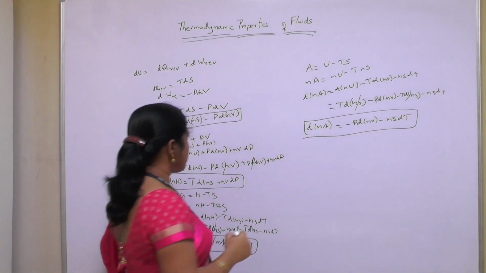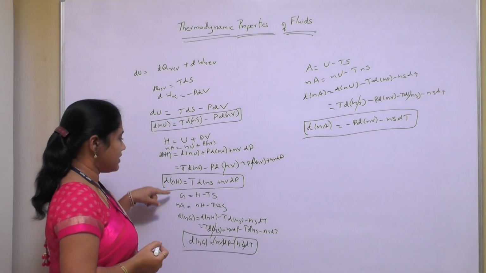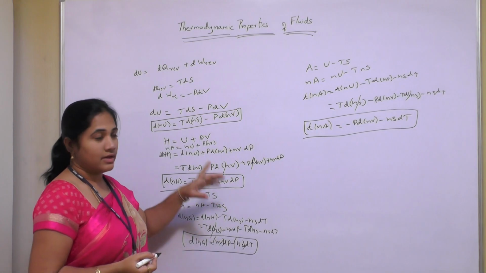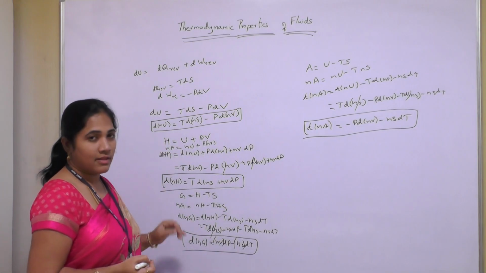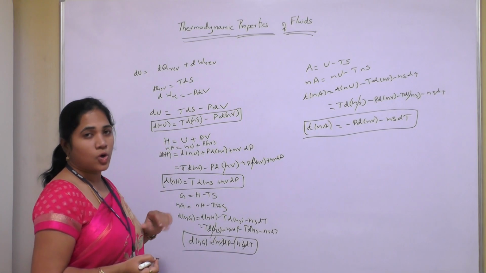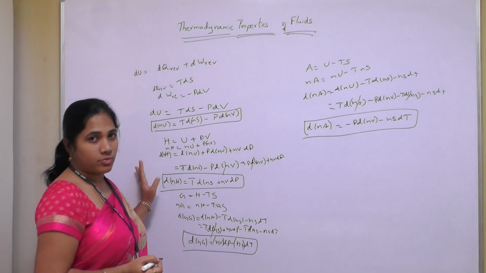So generally these four, d(nU), d(nH), d(nG), and d(nA), are called the fundamental property relations for homogeneous phases at constant composition.